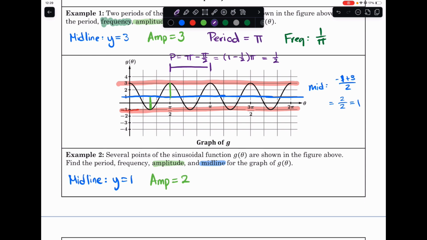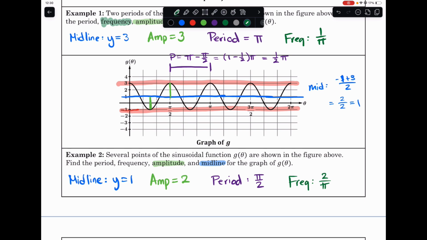That's just 1/2. You have $1, you take away 50 cents, you end up with 50 cents. So pi over 2 is our period, or half of a pi. And our frequency is the reciprocal of that, so 2 over pi.